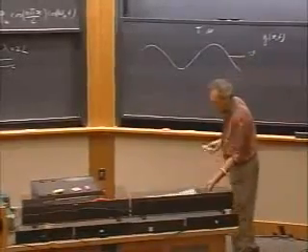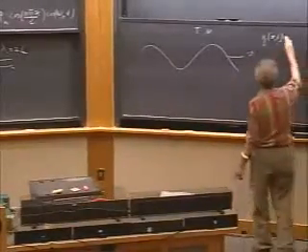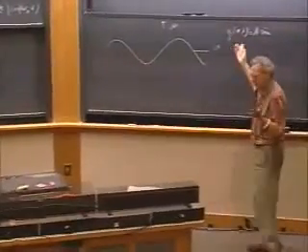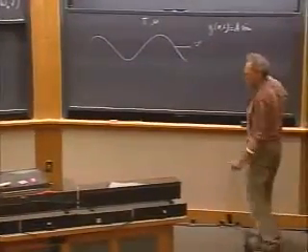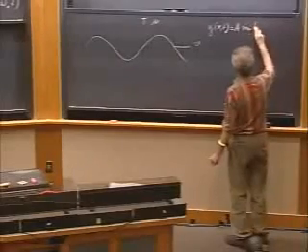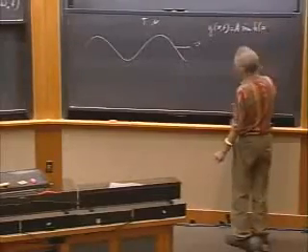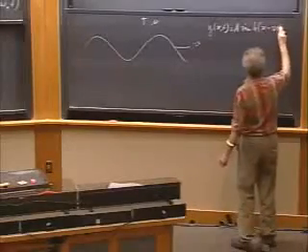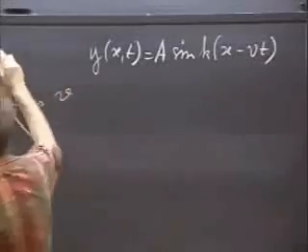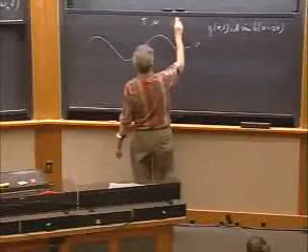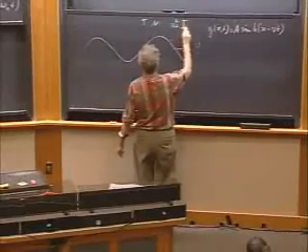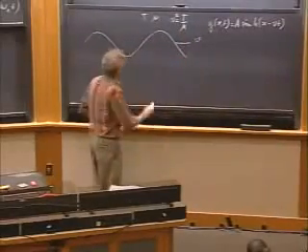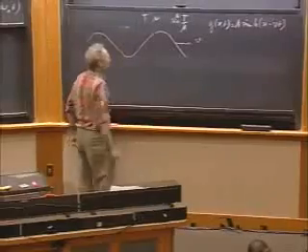I can give it a certain amplitude, A, times the sine. And I can write this in many different ways, but let's write it in this form, k times (x minus vt). And we know this v, let's call it v squared, is T divided by mu. So this is a traveling wave that goes into the plus x direction.